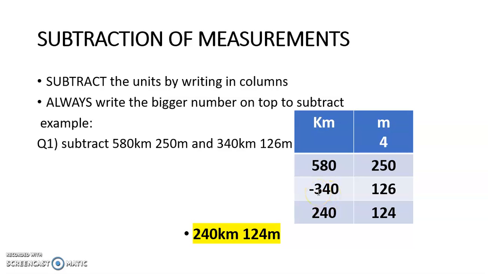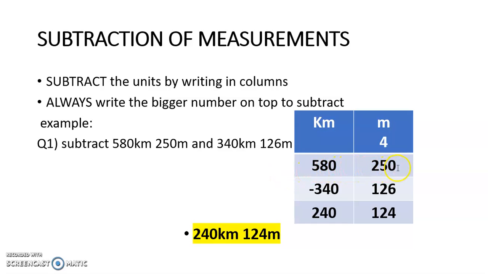And one more thing that we have to remember while subtraction is that always the bigger number should be written on top to subtract. 580 kilometers is more than 340 kilometers, so we'll write it on top.